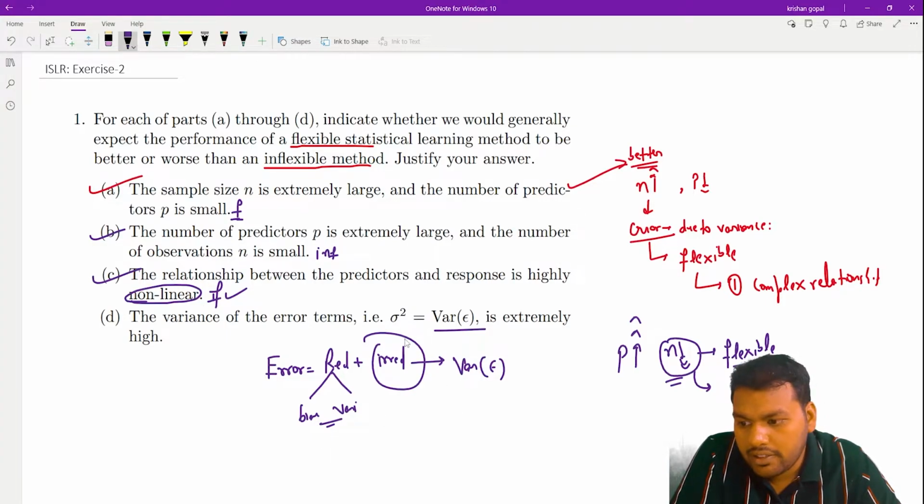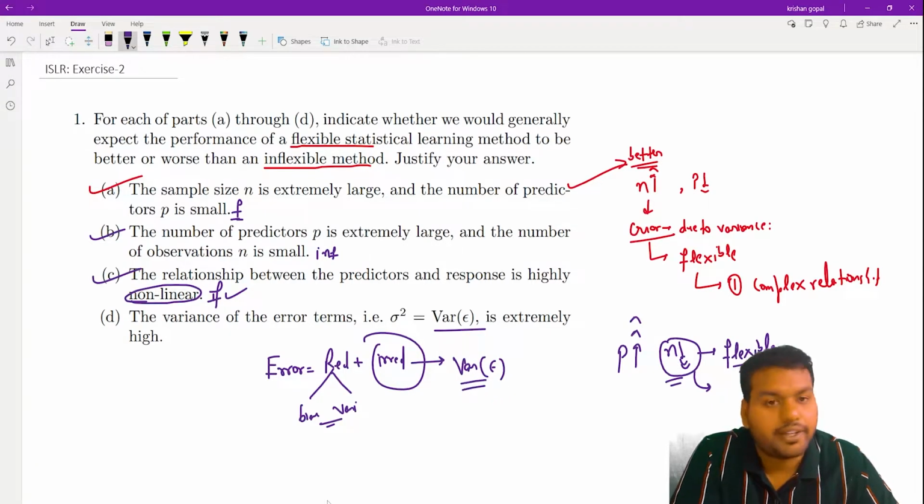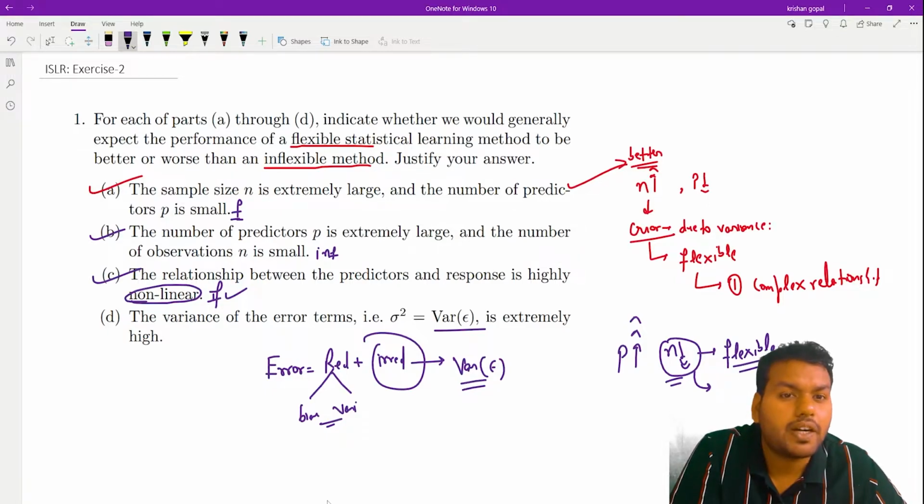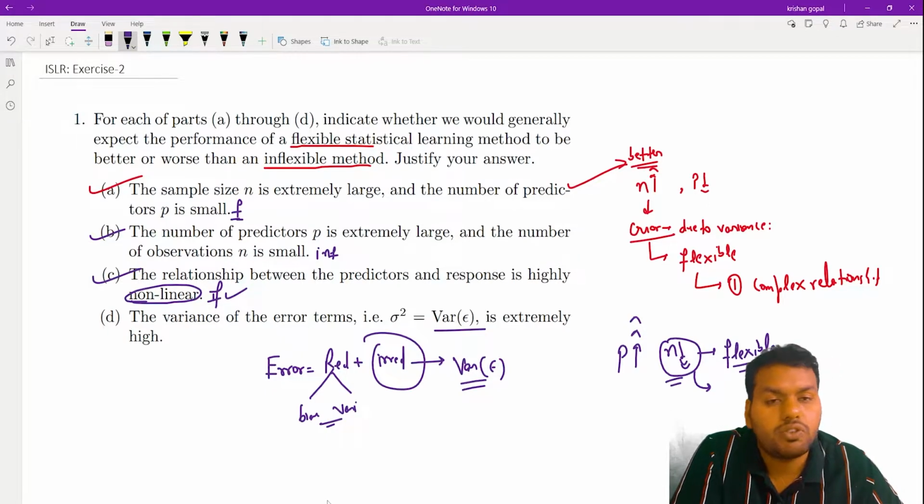But now the question is, variance is very high, that means irreducible error is very high. So in this case, which method will you go for? The flexible or the inflexible? What I will say here is we do not have enough information to decide.